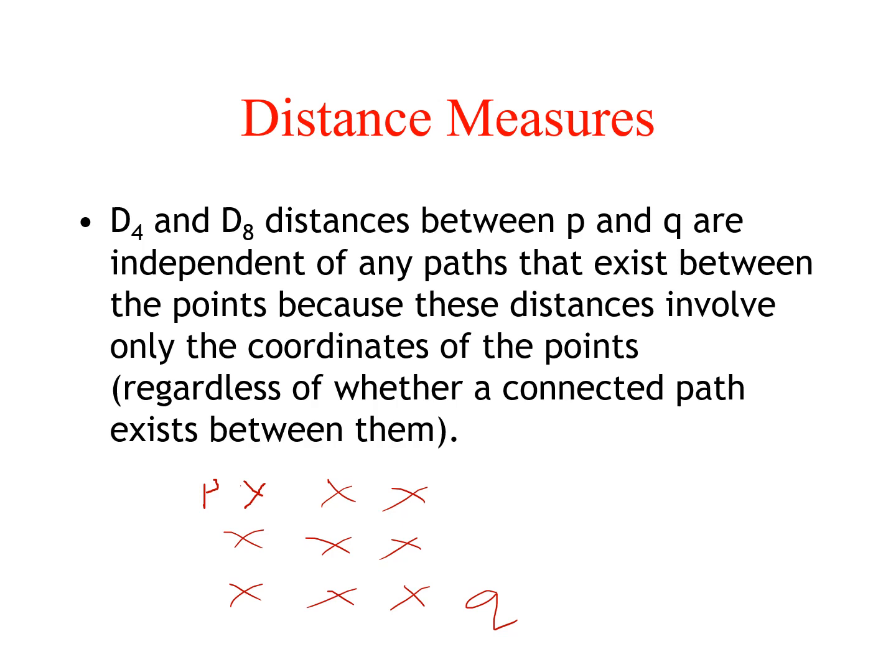Why? Because if you see the formula, you are just considering the coordinates of p and q. We are not considering the values or any other criteria of other pixels. We just consider the coordinates of p and q to calculate the D4 and D8 distance.